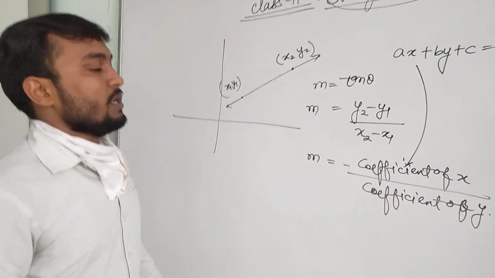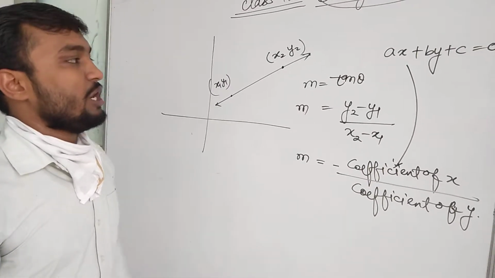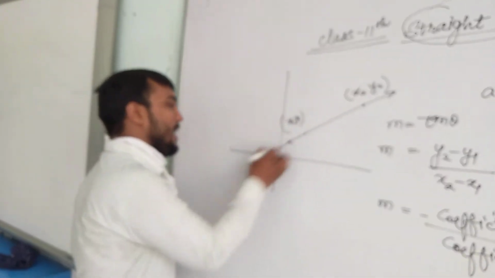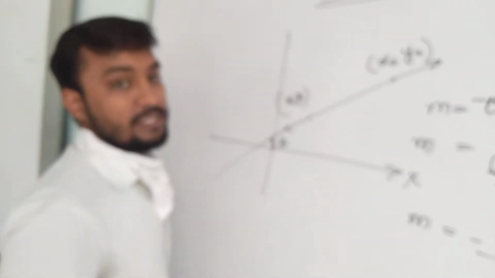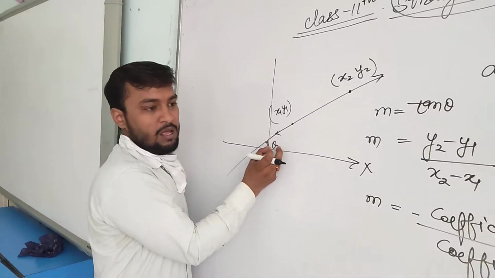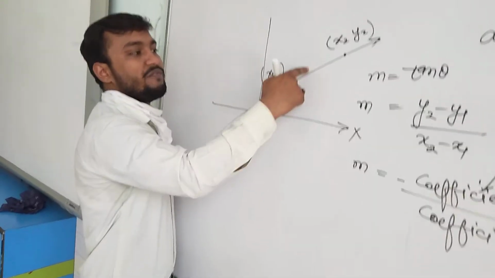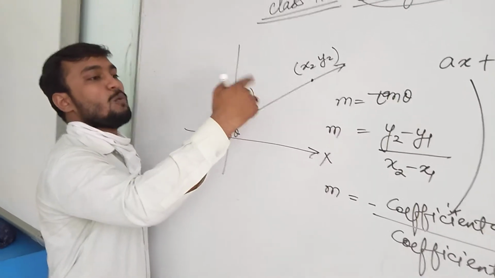Okay dear students, actually, from where have we got all these formulas? I am going to tell you. If a line is making an angle theta with the positive direction of x-axis, at that time, what is the slope of this line?